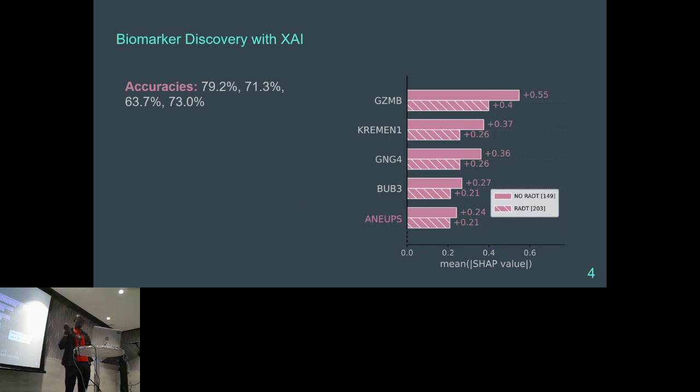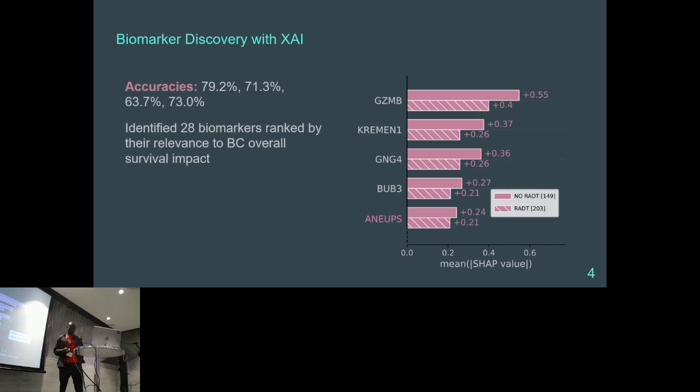And the final one is the model that picked the features that were high scoring or having high impact from the three previous models, and used that to then generate a fourth model that had those concordance indices, if you may, or we call them accuracies as a proxy. And then we finally identify some 28 genes that are not causing, but are showing correlation to high or longer survival.